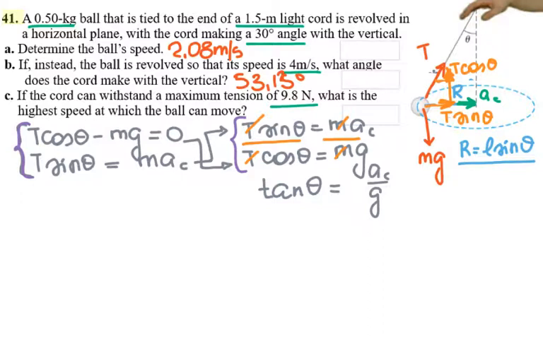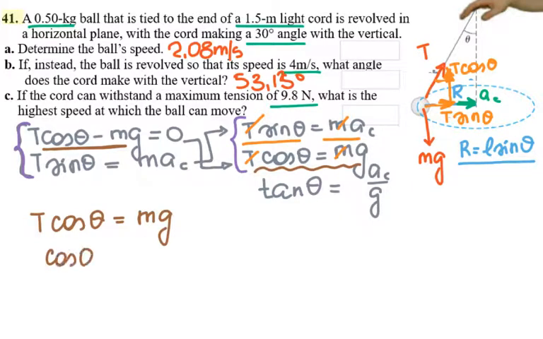Okay, so for C, they give you the tension. So if they give you the tension, if I look right here, your T cosine theta is equal to mg. If they give you tension, which is 9.8, then your cosine theta is equal to mg divided by tension.